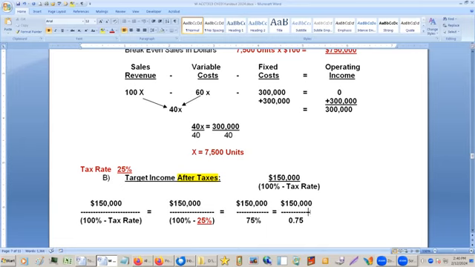So 150,000 divided by 0.75 equals what? Anyone? Put it in chat if you want.